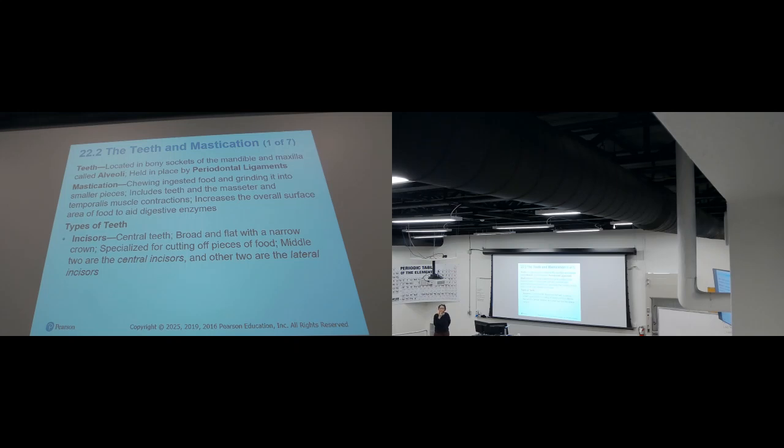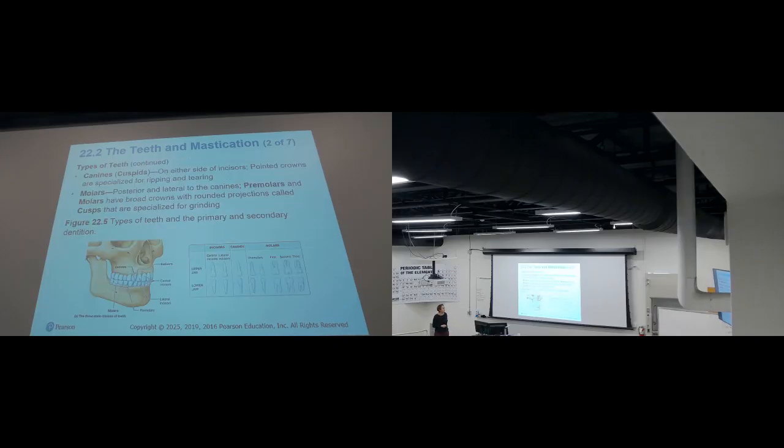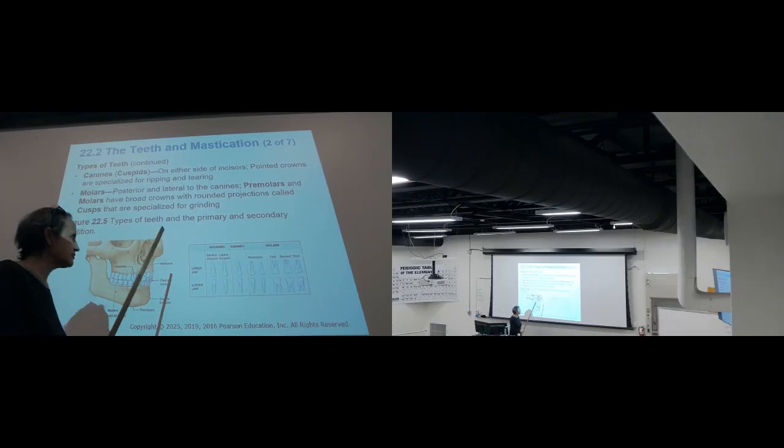So the broadest teeth that we have are the central incisors, or medial. And then on the sides we have the lateral incisors. So here are the central incisors, and then we have the lateral incisors.